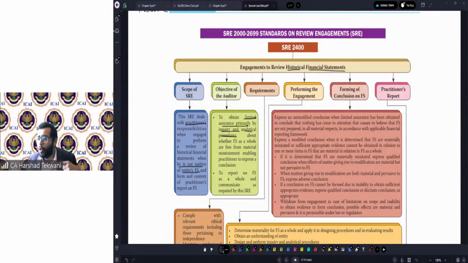I am focusing more on inquiry and analytical procedures than the other part, because here I am supposed to give limited assurance, not reasonable assurance. Hence, the procedures performed for reasonable assurance, like observation, inspection, calculation, recalculation, reperformance, I will not be performing. And from a limited assurance point of view, I will be saying whether the financial statements are free from material misstatement or not, but in a different way.